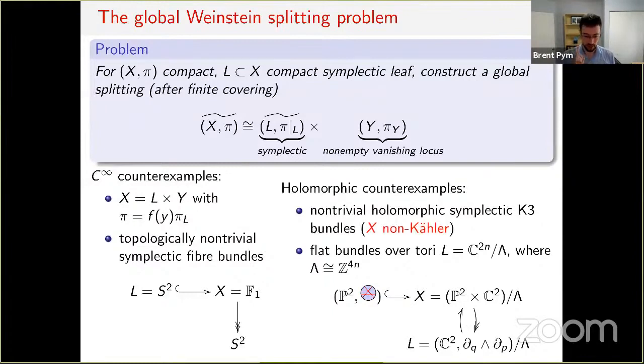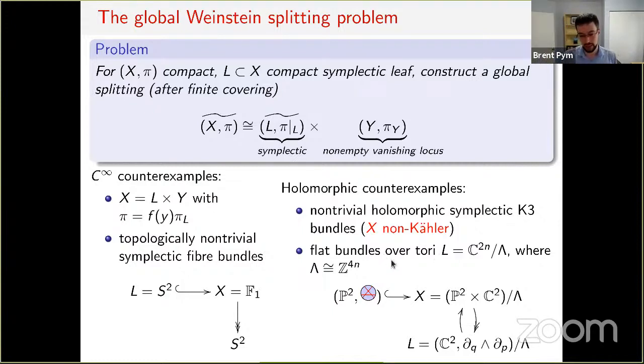But there's a couple things to notice about these holomorphic counterexamples. The first one is that in the K3 case, the total space that you get is not a Kähler manifold. So it turns out if you try to build a non-trivial holomorphic symplectic K3 bundle, it has to be non-Kähler.